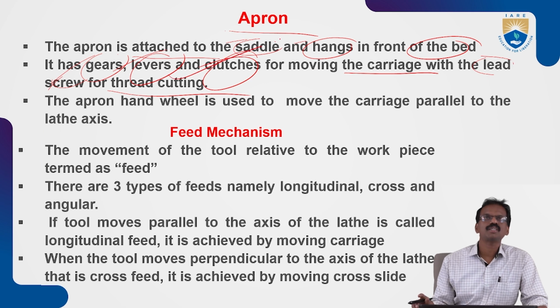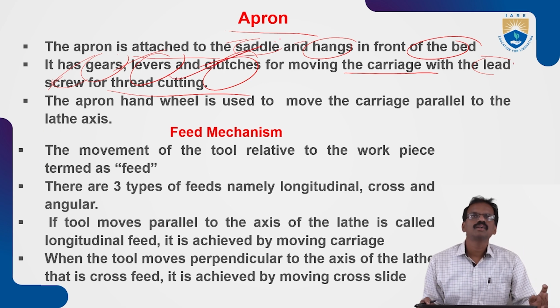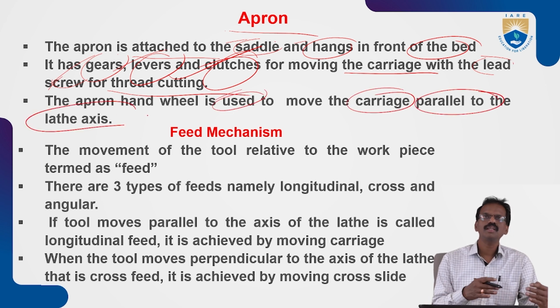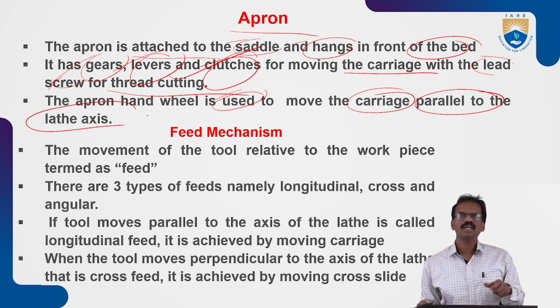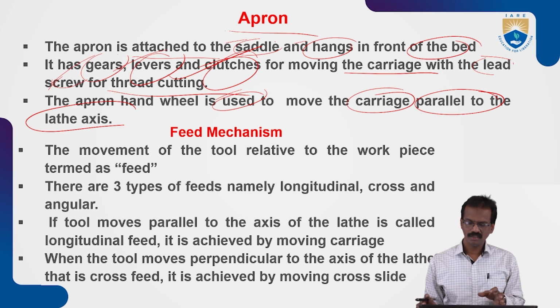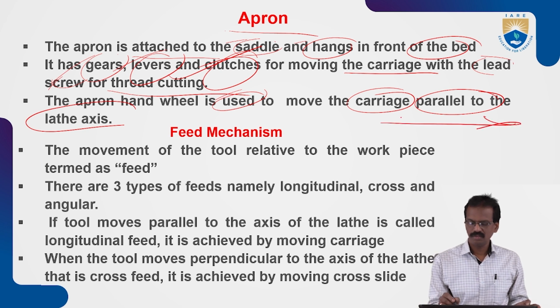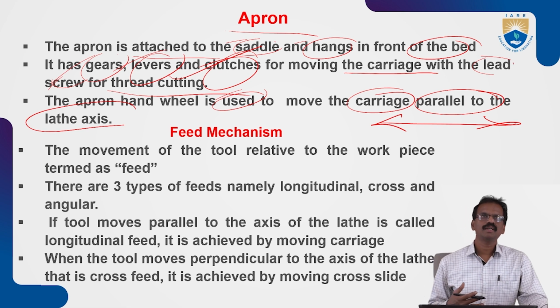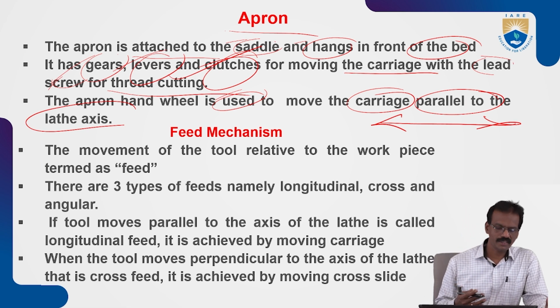That is the main function of the apron. So the apron hand wheel is used to move the carriage parallel to the lathe axis. Okay, so with the help of the apron handle, we can move the complete carriage horizontally, which means parallel to the guideways or lathe axis also.